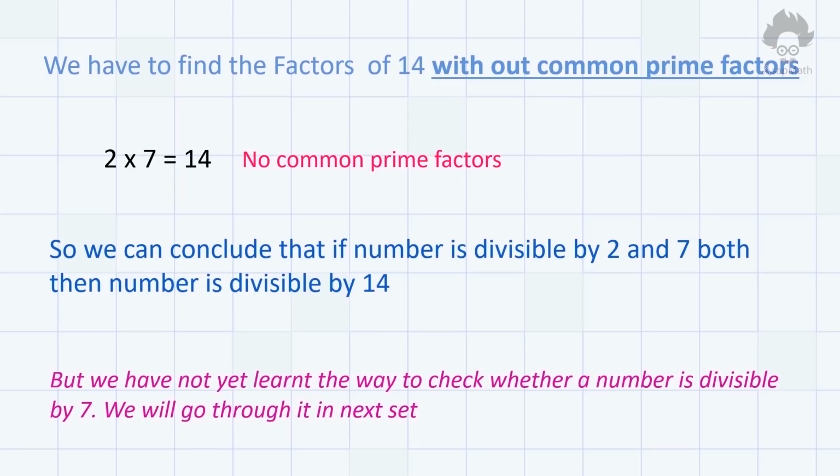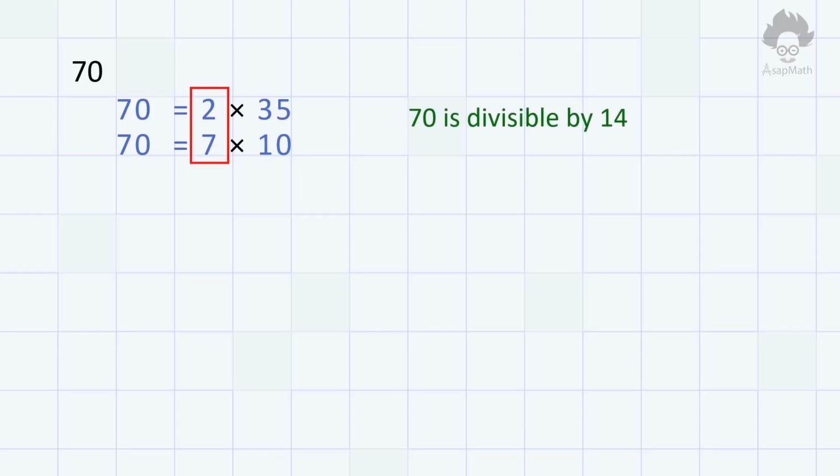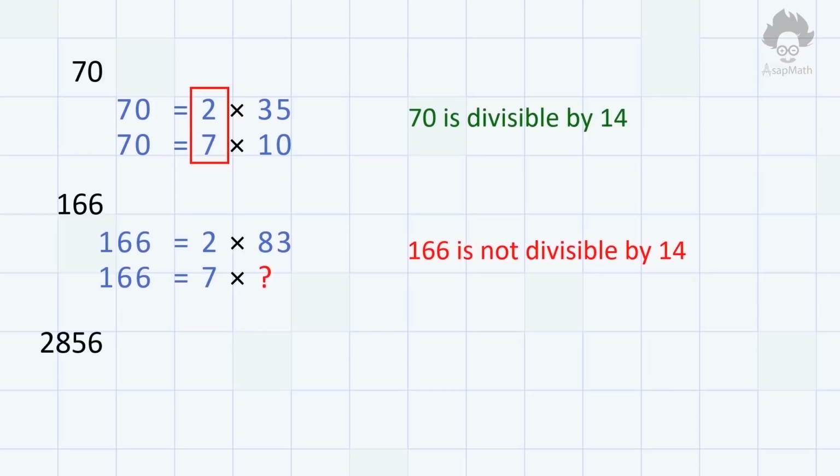Let's consider that later. We'll consider a few examples. 70 is divisible by 2 and it is divisible by 7 also. So 70 is divisible by 14. This is divisible by 2, but this is not divisible by 7. So 166 is not divisible by 14.